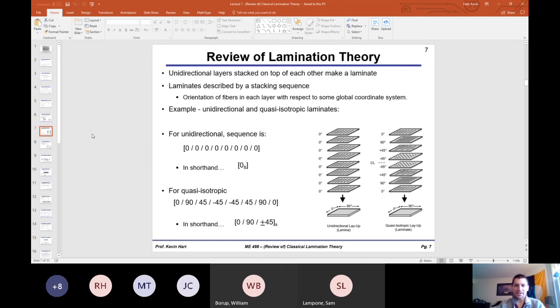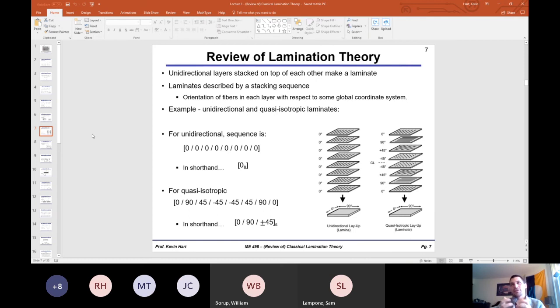We have this stacking sequence where we talk about how the lamina are stacked on top of each other to create a laminate. We describe the direction of the fibers in the unidirectional lamina relative to the general coordinate system using angular measurement. If we have 8 layers of unidirectional material stacked on top of each other in the same orientation, we would say that's the [0]8 composite.